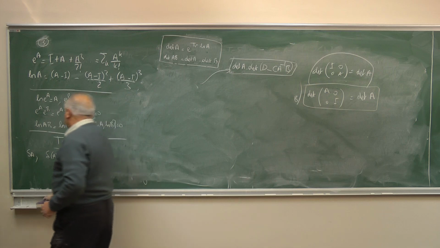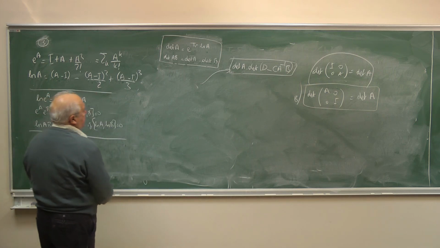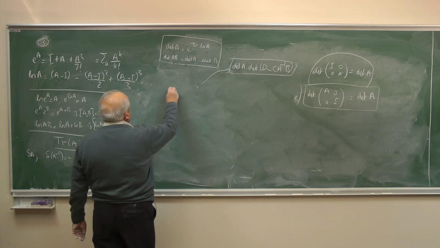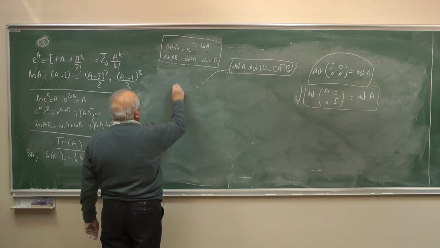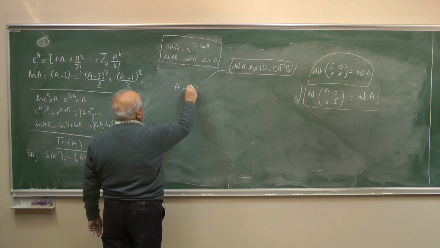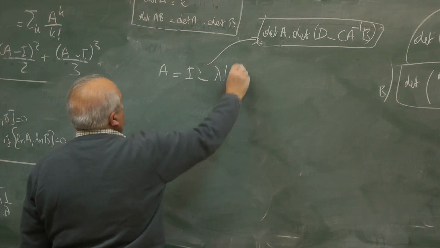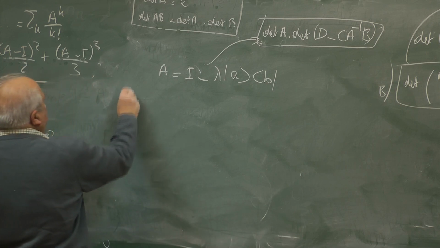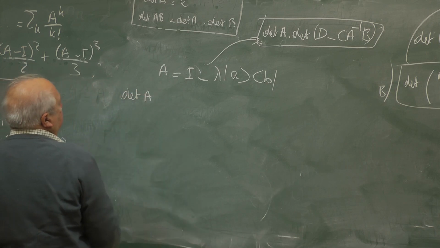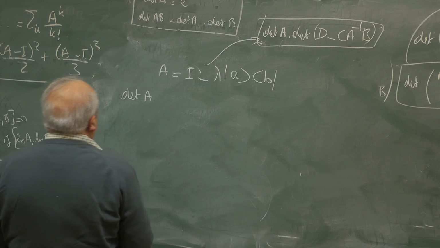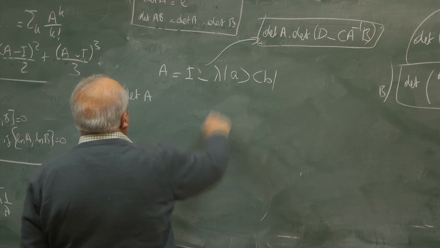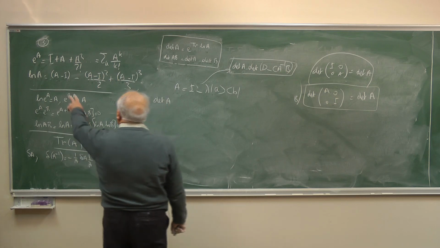Now there's another important matrix. We played with the trace. What if A is I minus lambda AB? We are looking for the determinant A. So A minus I is minus lambda AB, and we put it in here.